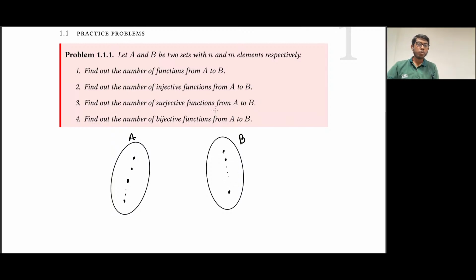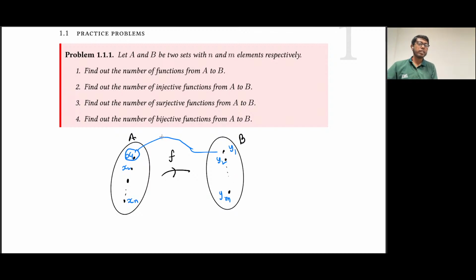I need to first determine how many functions are there from A to B. See, if I name the elements x1, x2, up to xn, and y1, y2, up to ym, then for each x1, how many choices do I have? m choices. It can go to y1, it can go to y2, it can go to any of these ym.